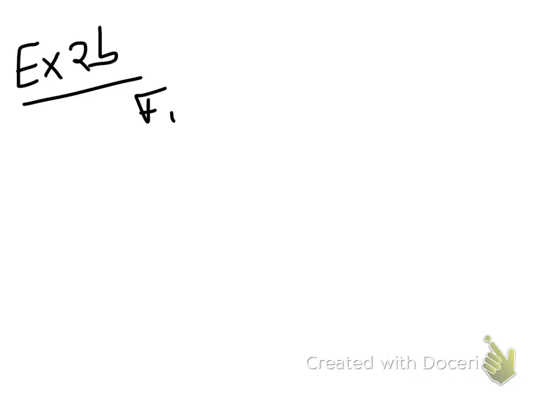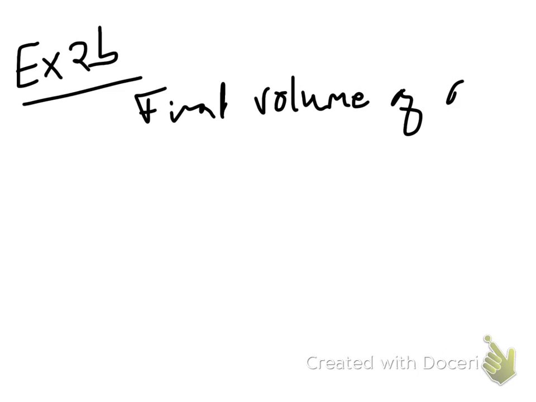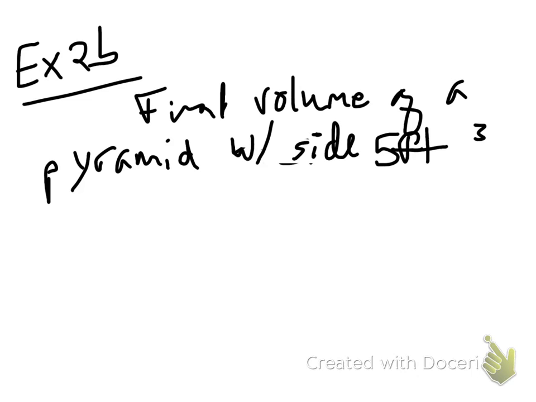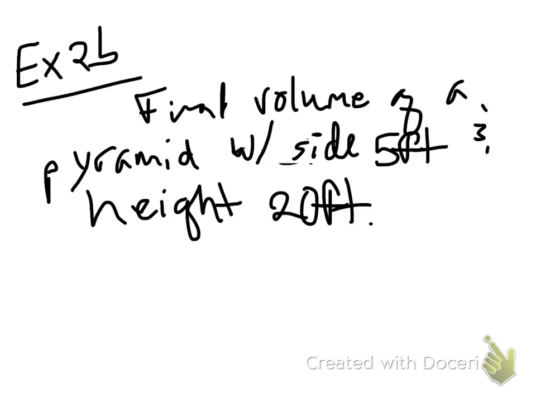You're going to find the volume of a pyramid with a side of 5 feet by 5 feet and a height of 20 feet. Alright, go ahead, pause the video and find your answer.